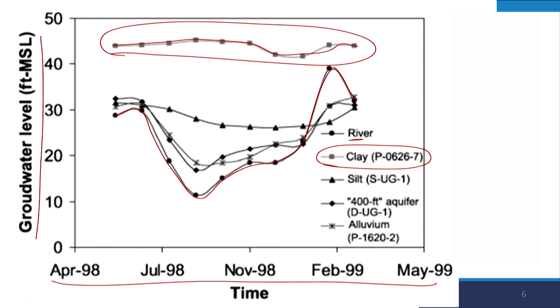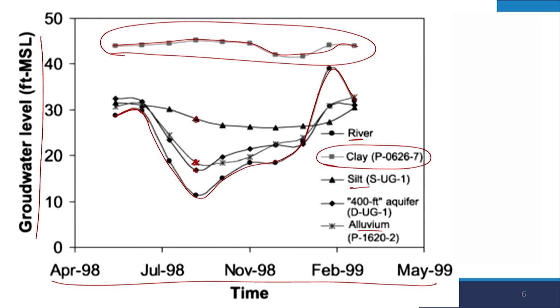So in those layers near the river, which are silt and, most importantly, alluvium, and even this 400 feet aquifer, what do you see? You see that the groundwater levels in these aquifers or soils that are present near the river are greatly influenced by the groundwater profile of this particular river.